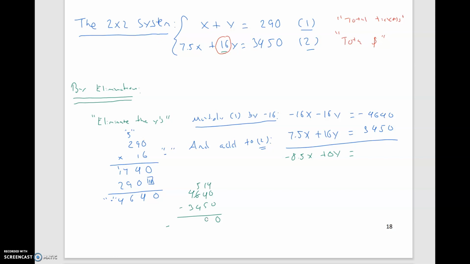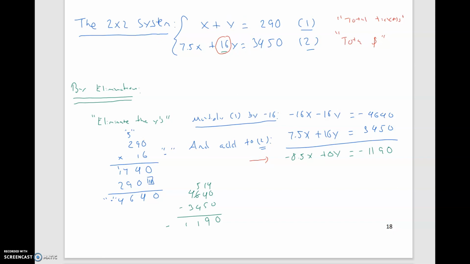And we're looking at 9. 14 minus 5 is equal to 9. 5 minus 4 is equal to 1, and then a 1. So I'm getting 1190. Let me double check, and we're good. So negative 1190.